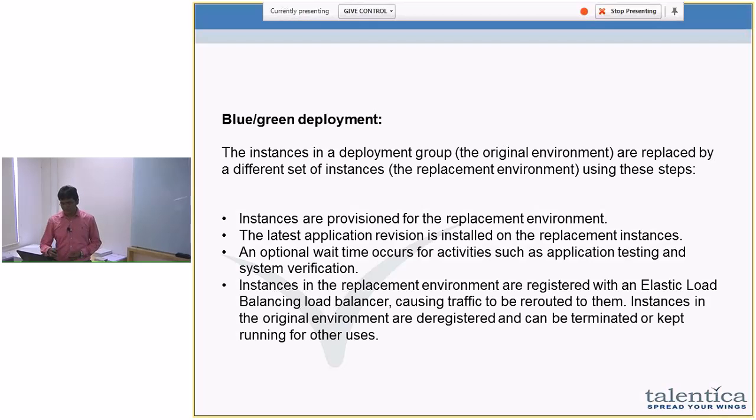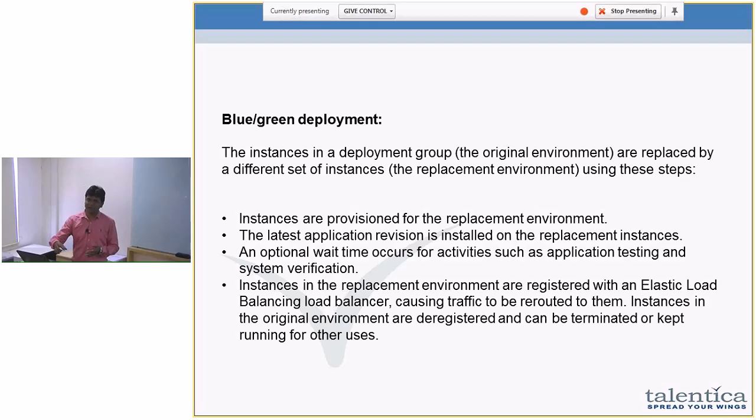Just go through these as I have explained. The instances in the deployment group are replaced by a different set of instances. For example, we have 3 servers and we have to do the deployment on those 3 servers, and they are behind an ELB, Elastic Load Balancer. Before the deployment, we have to boot 3 more boxes, which we can call replacement boxes.